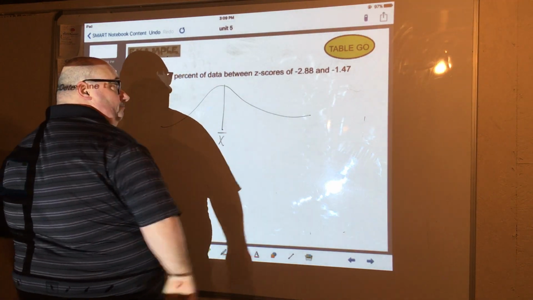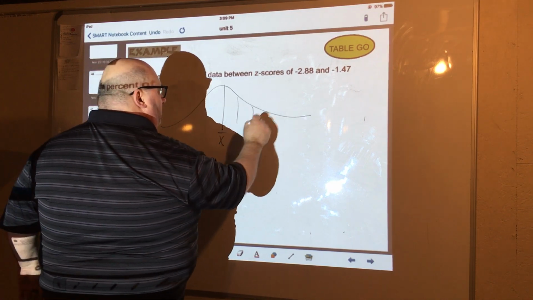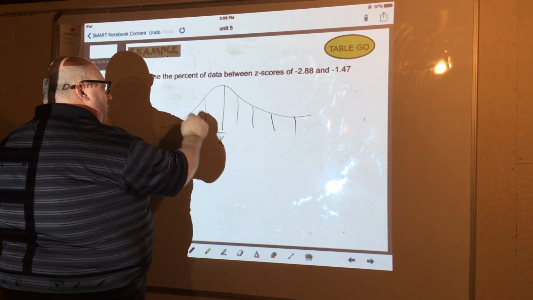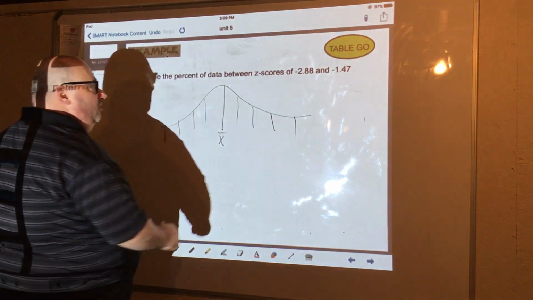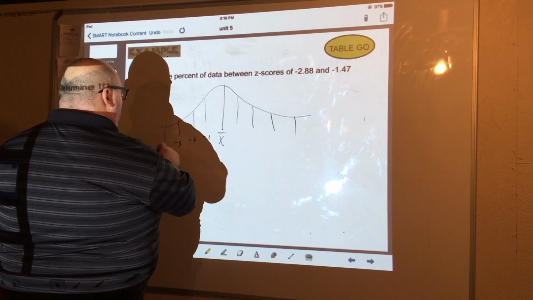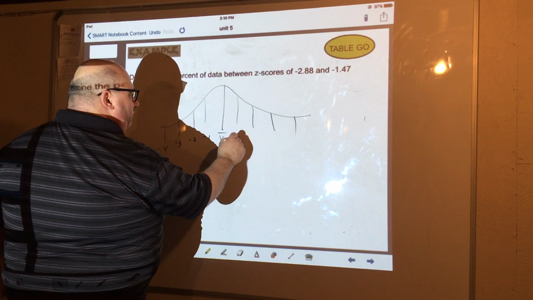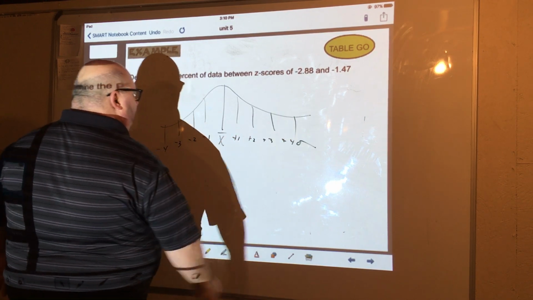There's my mean. All right. So I want 1 above, 2 above, 3 above, 4 above, 1, 2, 3, 4 below. Yeah. So between there's negative 1, negative 2, negative 3, negative 4, right? Plus 1, plus 2, plus 3, plus 4, right? Deviations.